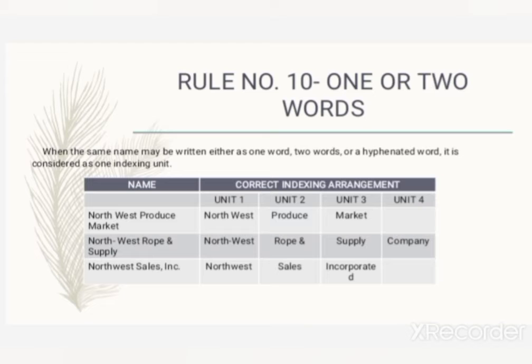For example, Northwest Produce Market. We all know that Northwest is joined together, so it is considered part of Unit 1 even though it is hyphenated or written as one word, it is the same.